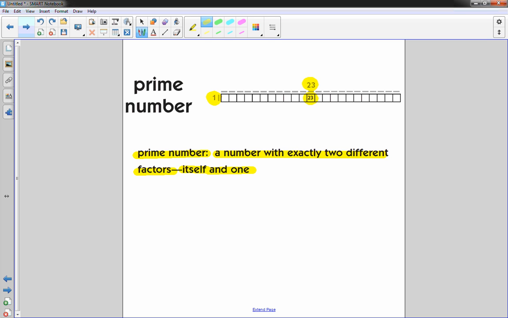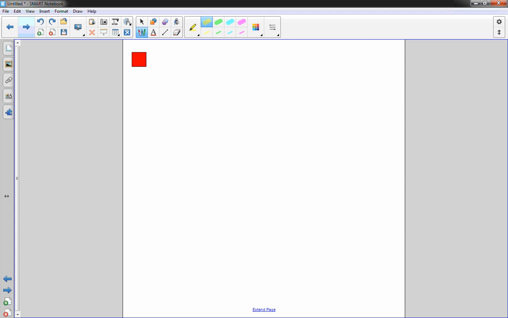Let's do one example real quick. I'm going to use the number 12. And I'm going to try to make as many different rectangles with 12 tiles as possible.